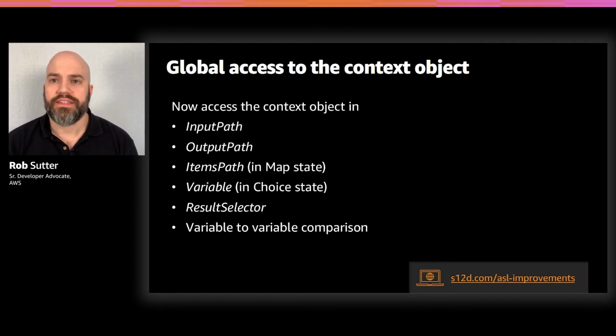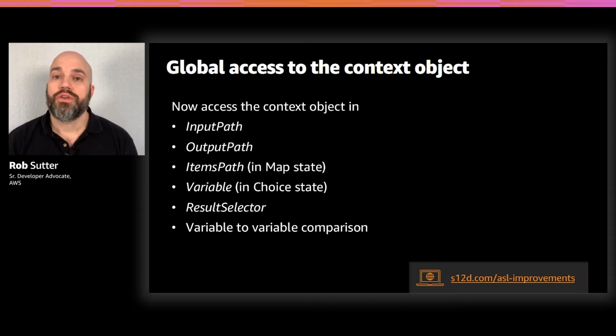We also gave you global access to the context object, which means you can access it from anywhere in your workflow. Previously, you could only access it from within certain state types, but now you can access it in the input path and output path, items path when you're iterating through a map state, the variable itself in a choice state, for example, to compare an initial value of your workflow or the start time of your workflow, the result selector, and comparing variables to variables.